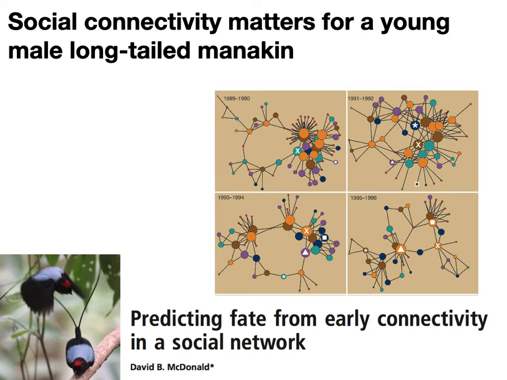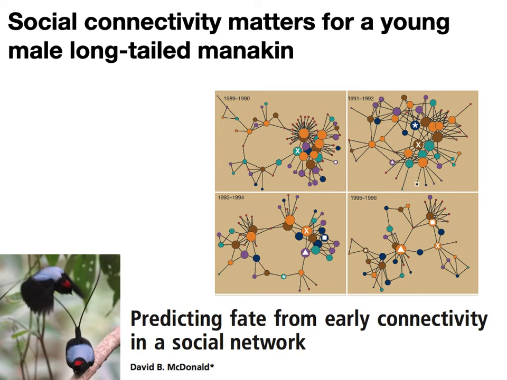In another study that Dave McDonald did on these long-tailed manakins, he tracked carefully the social network position of the young floater males in the system. And often these males don't own a territory until they're 10 years old. So they spend 9 years of their life acting as a floater until they eventually get a territory.